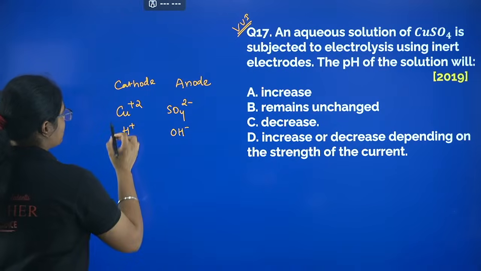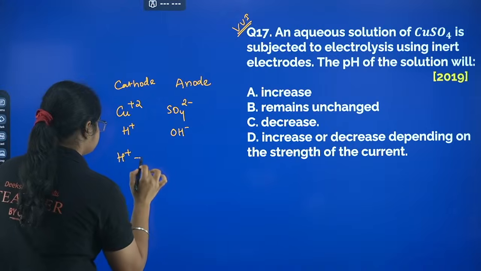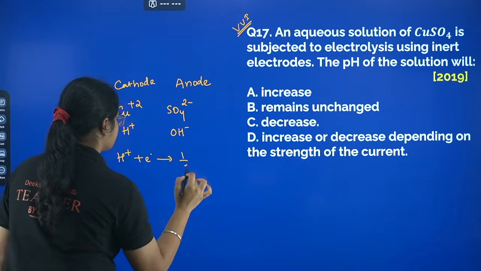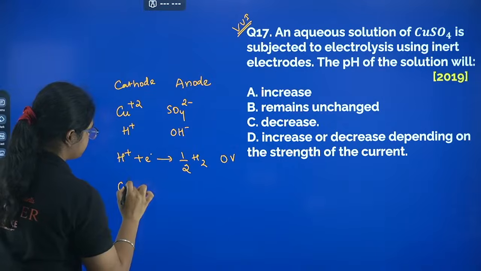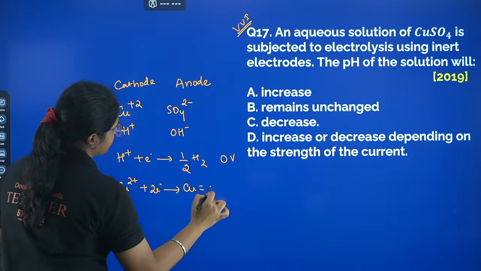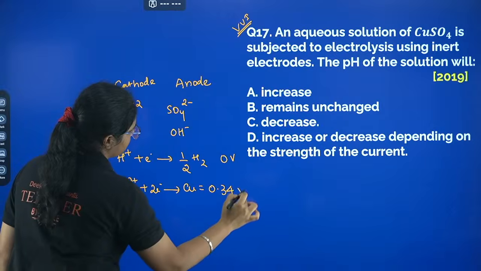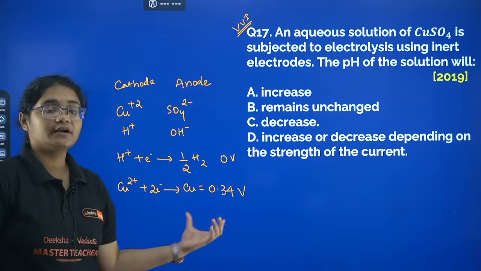Now at the cathode what will happen? Reduction will take place. Now see, H plus reduction potential is 0 volt, and copper 2 plus reduction is how much? 0.34 volt, right? So we know that copper will undergo reduction better.